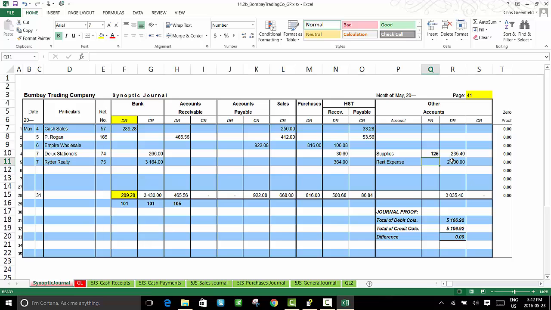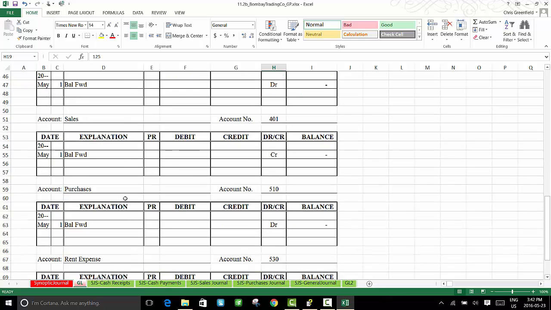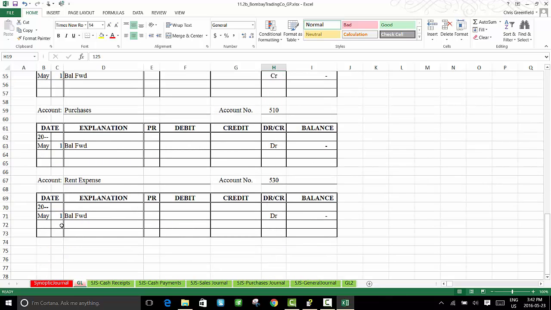Same thing with the rent expense. I have a debit for $2,800, so I'm going to go to my general journal, or my ledger rather. I'm going to find my rent expense, which is here. This occurred on the 7th. Came from Synoptic Journal 41, and that was a debit for $2,800.